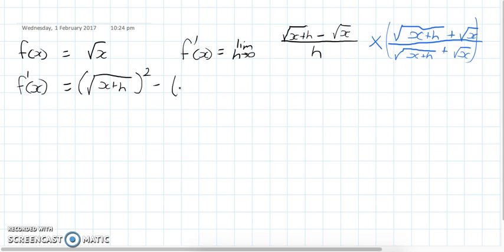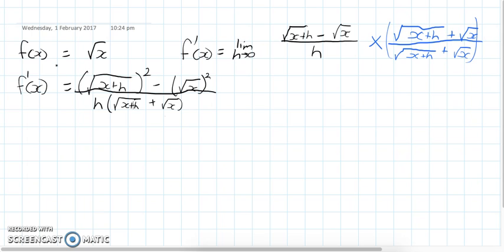Take the square root of x squared, so that multiplied by that, this one multiplied by this one, remembering plus times minus is a negative. All over h, square root of x plus h plus square root of x. So again, we've got to try and get this h out.